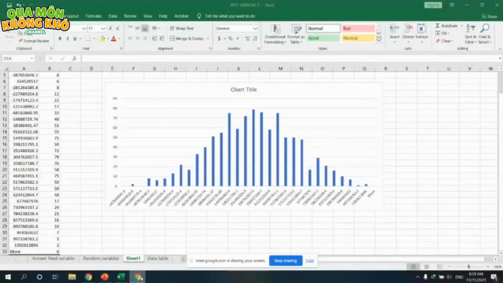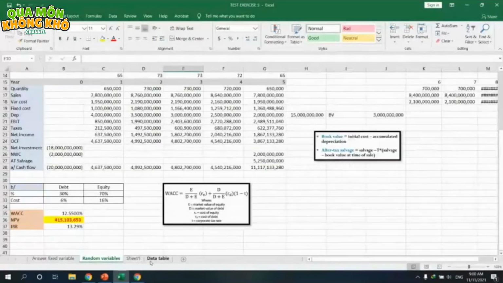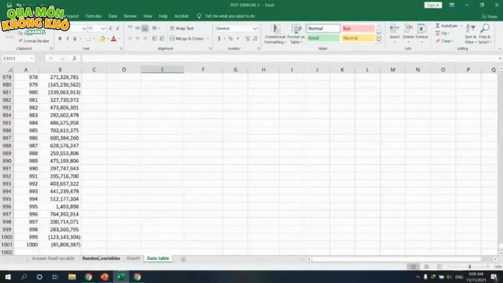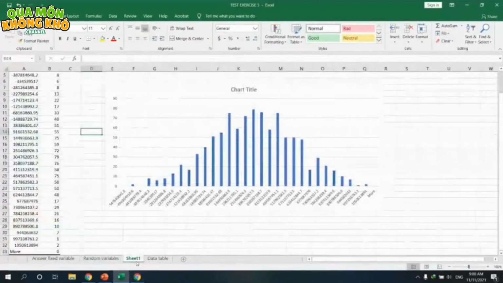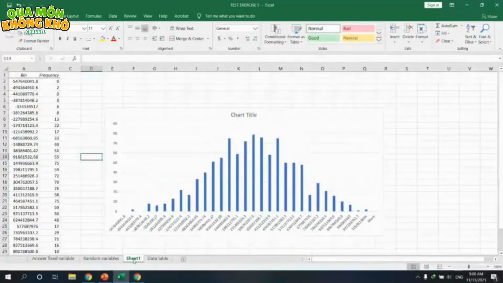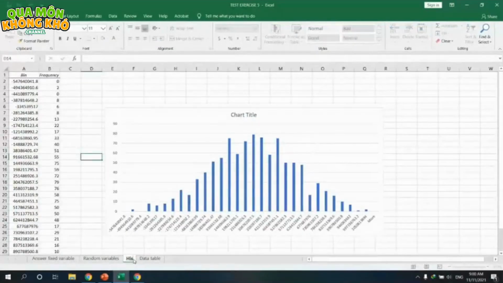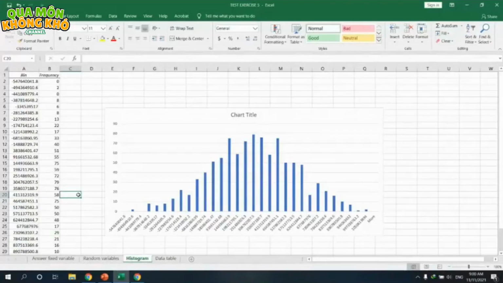I think this technique is quite simple, and the key point is that you create the random number for your project, for your capital budgeting case, and when you create the random number, the NPV will change accordingly, and we simulate 1,000 or 10,000 or 1 million NPV.